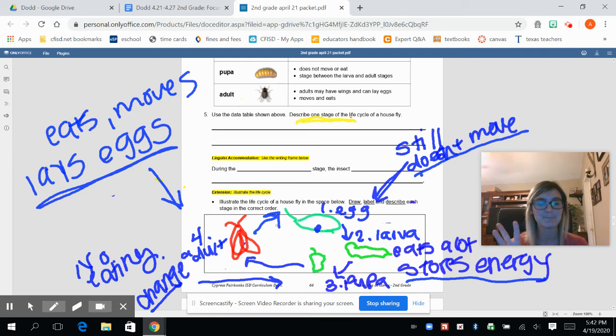Stage 3, that's when the bug becomes a pupa and it's going through this big change. And then we finally get to stage 4, where the bug or insect has become an adult. And the most important part of that stage is that the adult lays eggs so that we can start the process all over again.